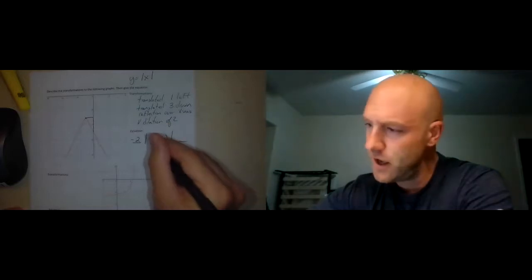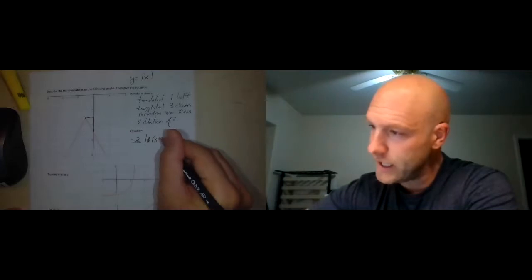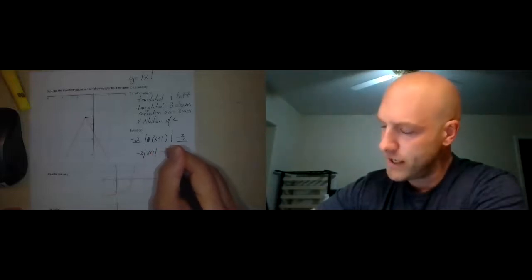Since we don't have a horizontal dilation listed, I could either put a 1 here or just leave it blank. Doesn't really make any difference. The left 1 means that I do a +1 here, and the 3 down means I do a -3 there. So in case it's not clear, it should look like -2 times the absolute value of x plus 1, all minus 3.